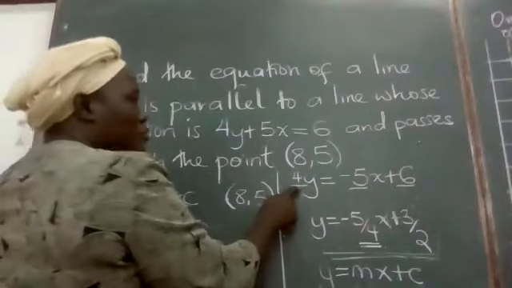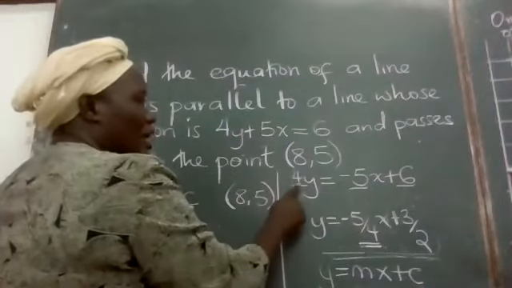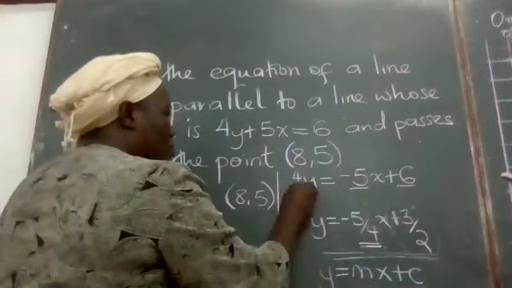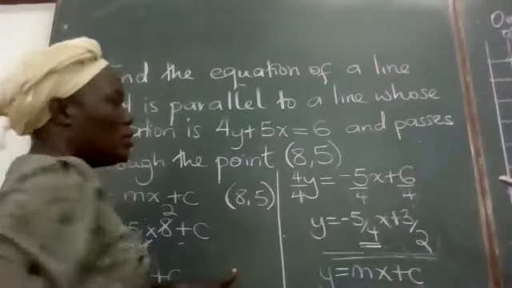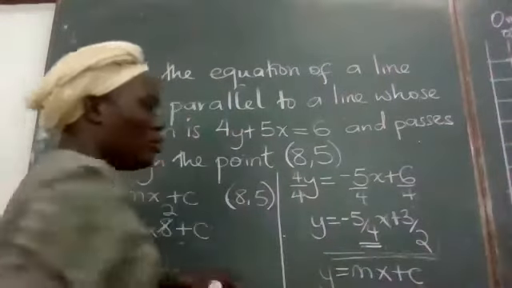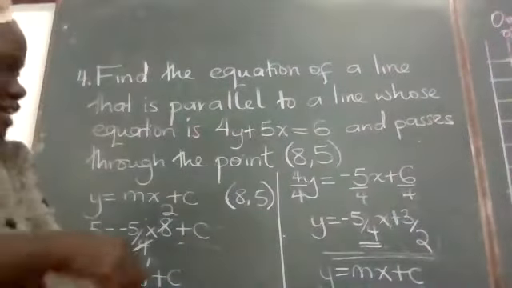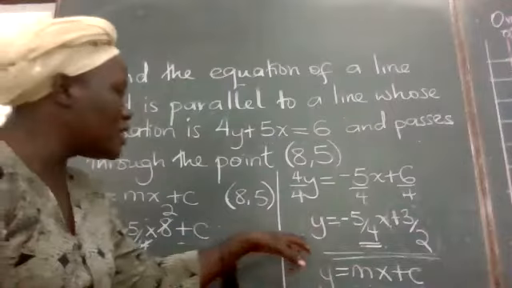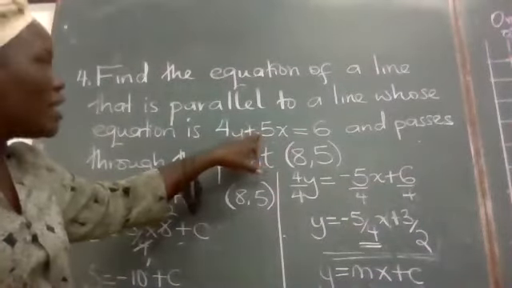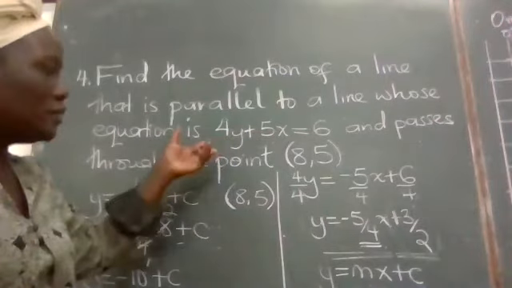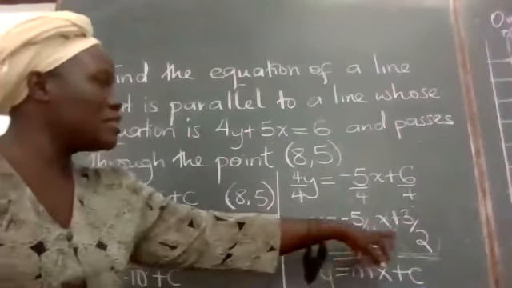Then next, I have to make sure that the coefficient of y remains 1, and I do that by dividing through by 4 throughout. So this is what I get. Now, Karen and any other person who may be confused, this equation is still this one that we were given. I've simply written it in the format y is mx plus c.